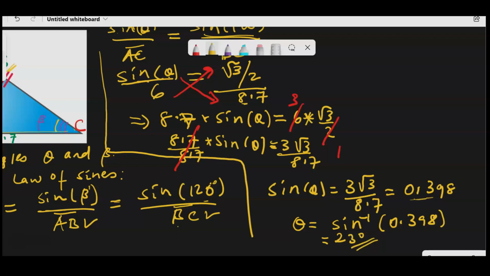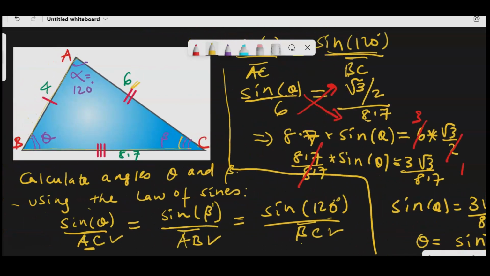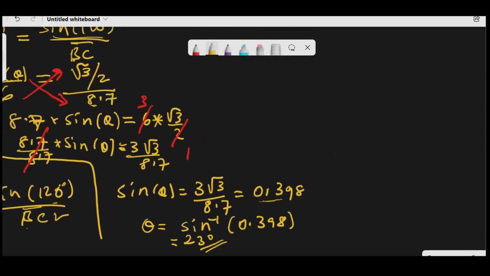Previously we said that angle theta and beta must add up to 60 degree, because we already got an obtuse angle which is 120 degree. So theta plus beta must be 60 degree.